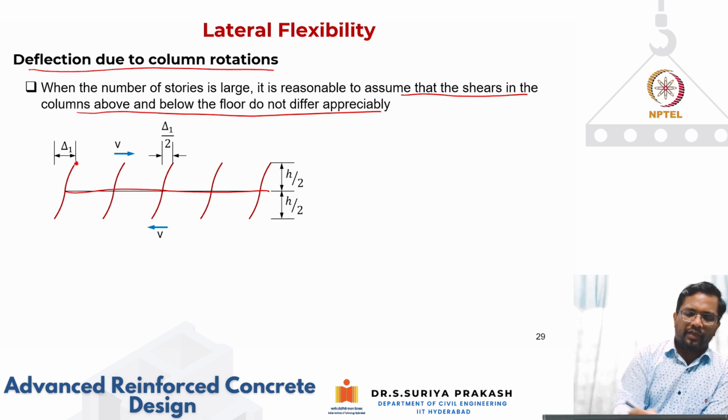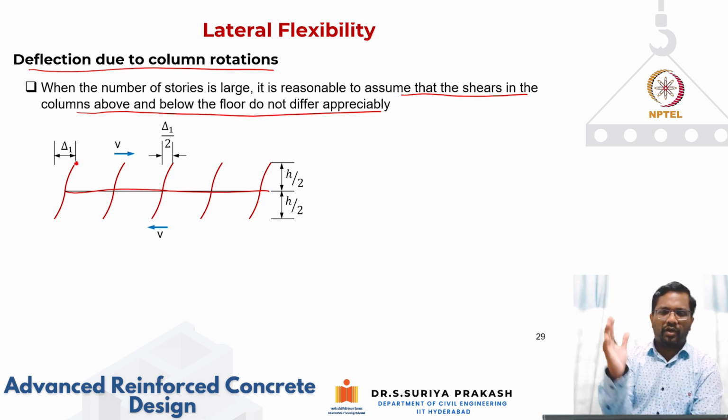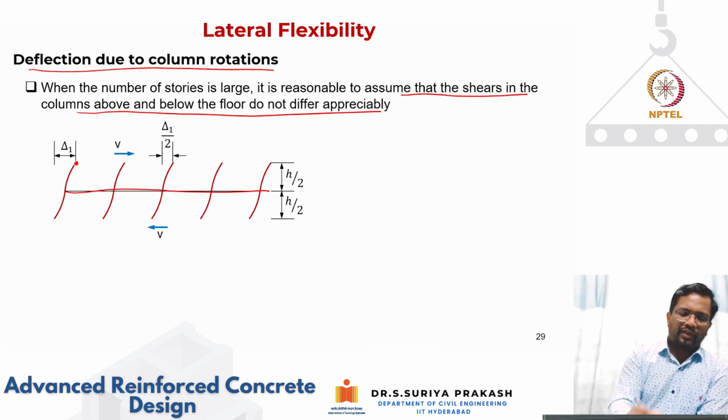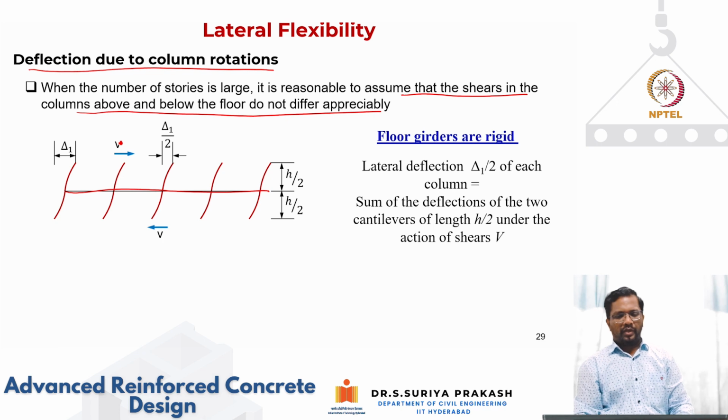We are calculating delta 1, which comes only from the story shear because of the column rotations. This entire story is subjected to a shear of V. Okay, so let us now look at the deflections.